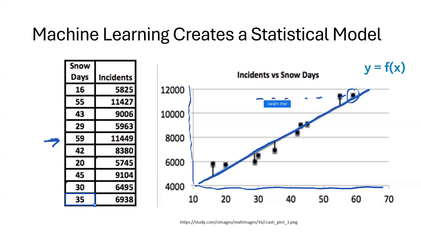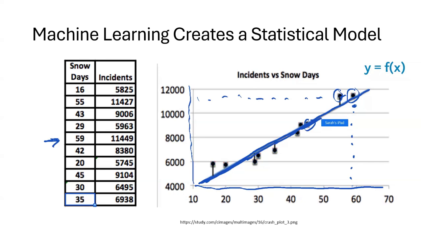So if we map it there, it's going to be at 11,449 up here, and this is going to be down here at 59. And we plotted all of them. So that was 1 year. This was another year. Here's another year, and there's 10 years there. That's what happened. Those are the observations that we have of the past. And so this line here, what is this?